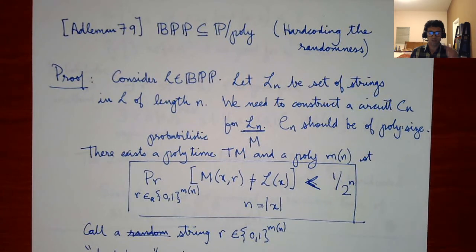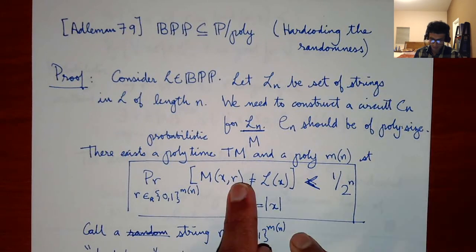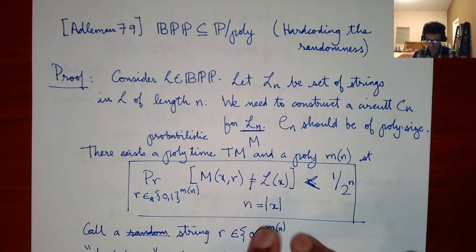So we have this probabilistic Turing machine whose error probabilities are exponentially small. And the fact that it's exponentially small is something we will exploit. Our aim is to find a random seed that happens to work for all strings of length n.